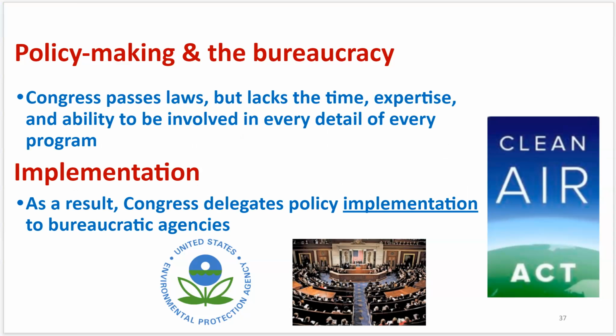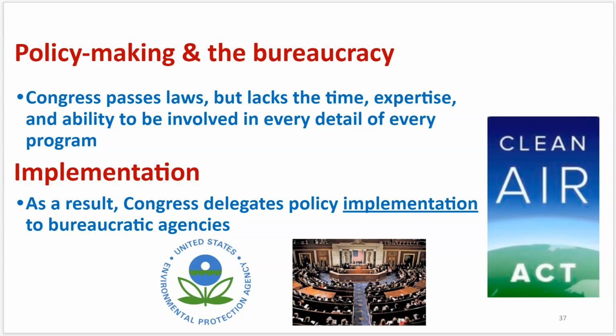So policy making, again, Congress passes the laws, but they're not going to go into every minute detail of the law. They're relying on the bureaucracy to carry that out, to actually do the implementing, to hold the hearings and public comment in order to hear from the industry experts about what is good and what needs to be done and what doesn't need to be done in terms of this aspect.